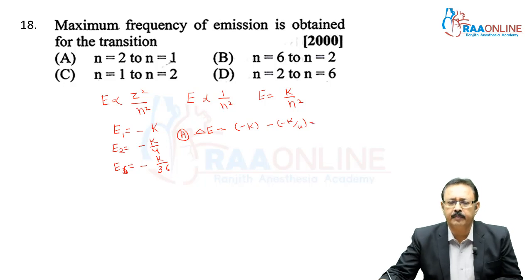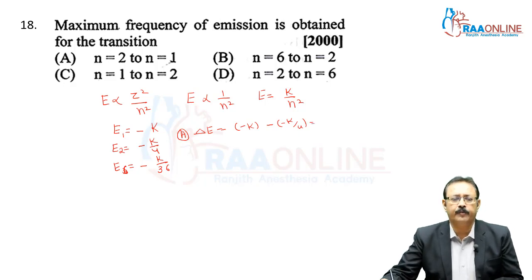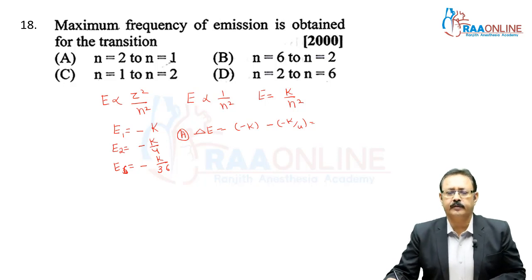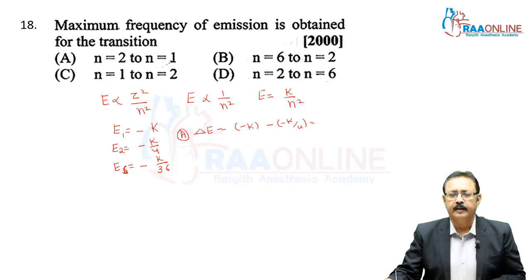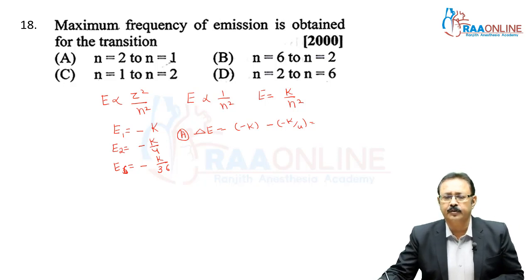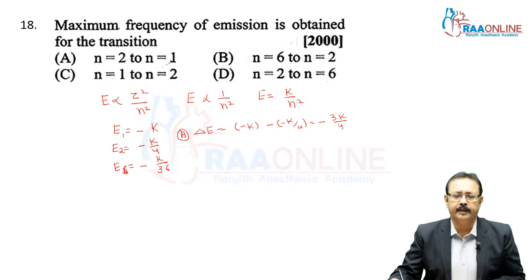So what we are getting? Minus K plus K by 4. From second to first, first is final and second was initial. So we are getting minus 3K by 4.